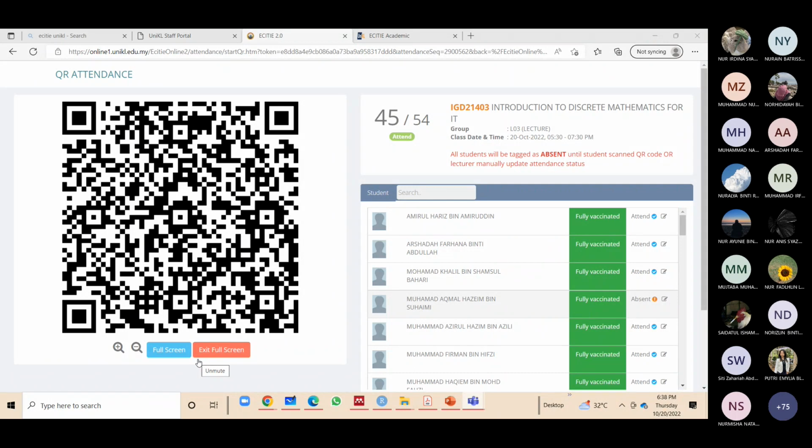LO3, please scan your attendance. Madam, you want me to key in your name? This morning we were involved in a program so we did not have time to scan the attendance. You applied leave? Okay. LO3 done.